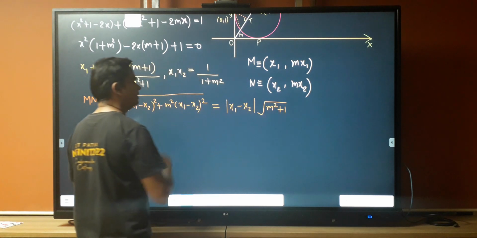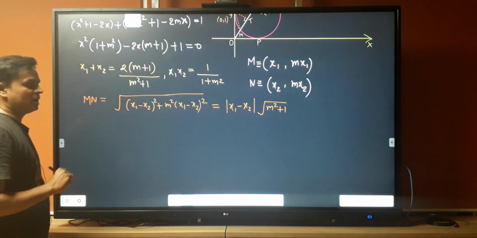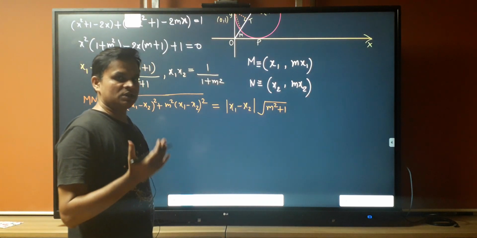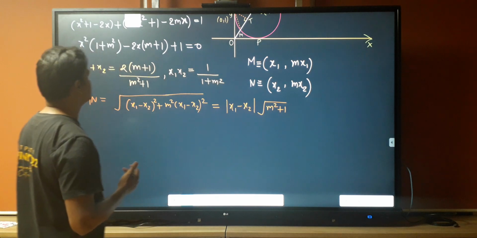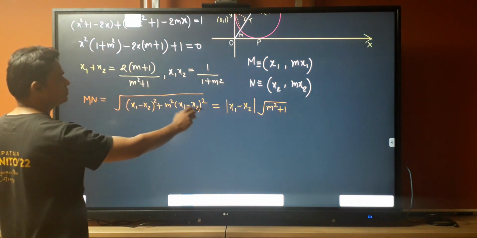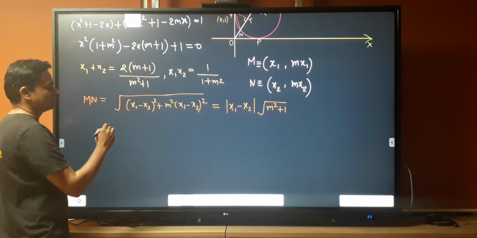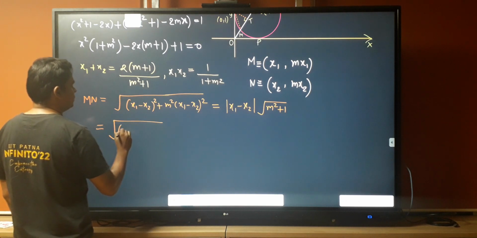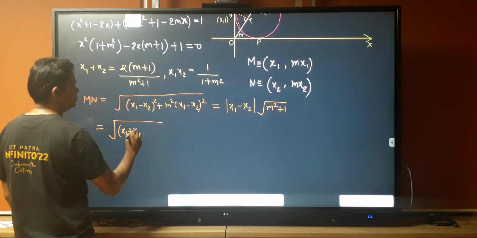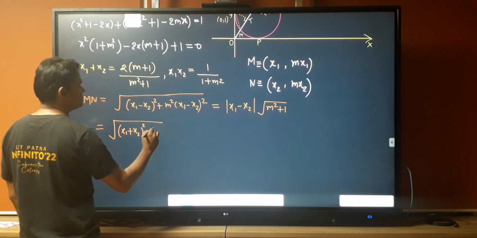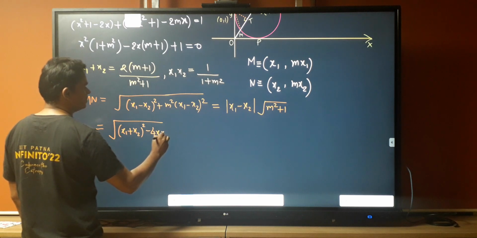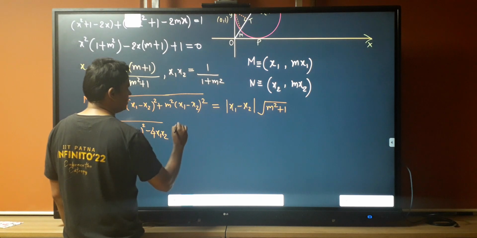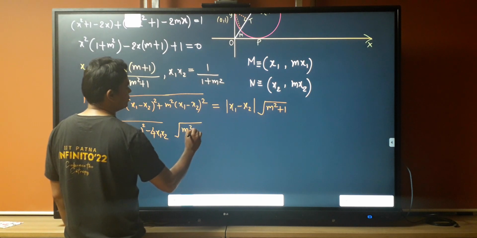Now I want the difference of the roots, and it can be found easily if we know the sum of roots and the product of roots. I know both, so the difference of roots is the square root of (x1 plus x2) whole square minus 4x1x2. This gives me (x1 minus x2) whole square, and the root under m square plus 1.